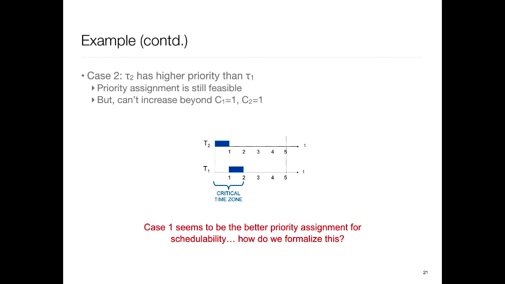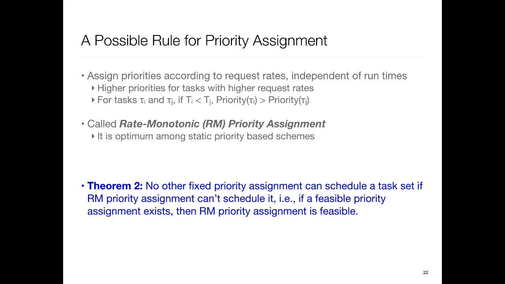So in case 1, where I gave task 1 higher priority, and again you would see task 1 was more frequent, it seems to be better. It lets me get more out of the system. So that intuition led to what is called the rate monotonic theory of priority assignment, which basically says to assign priorities according to the request rate, according to the frequency, independent of the run times.